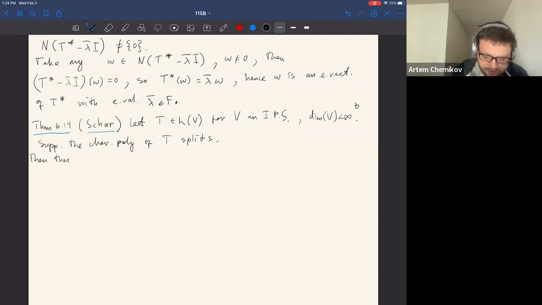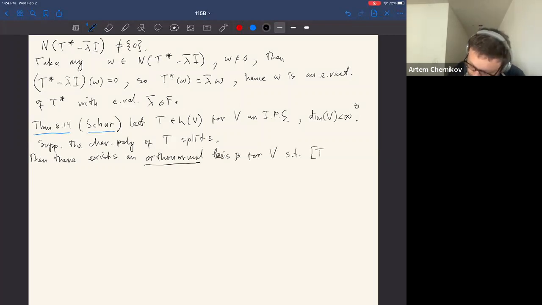Then there exists an orthonormal basis beta for V such that the matrix representing T with respect to beta is upper triangular.